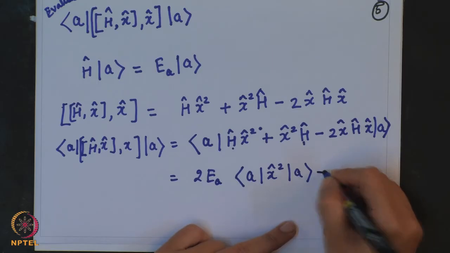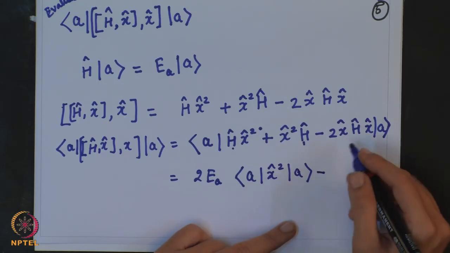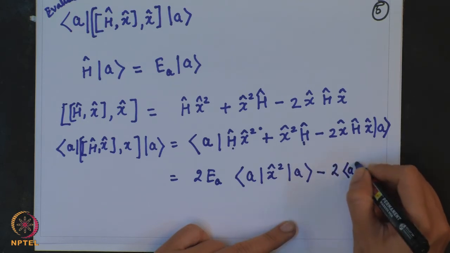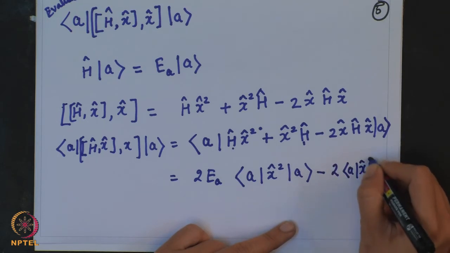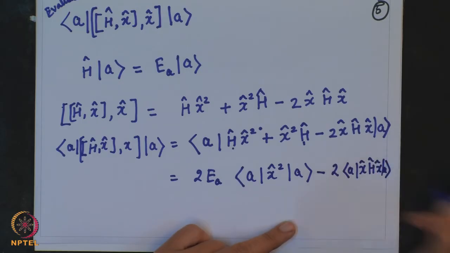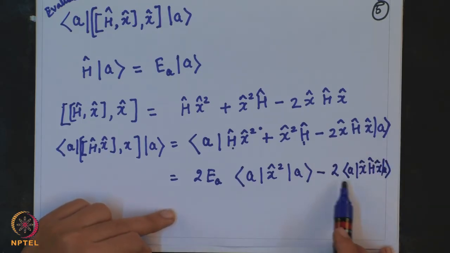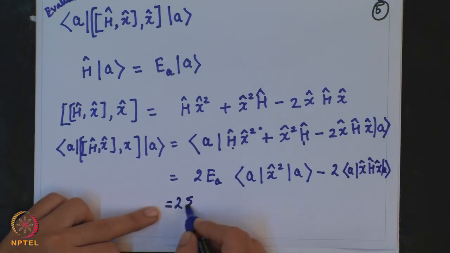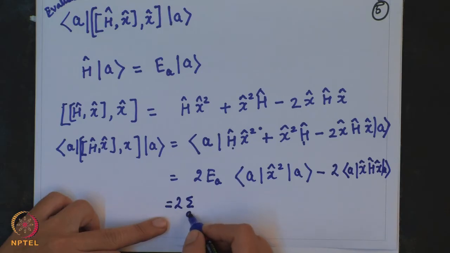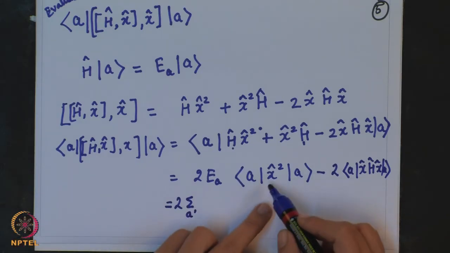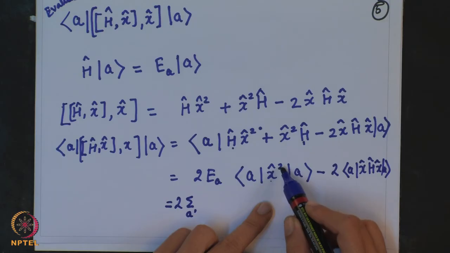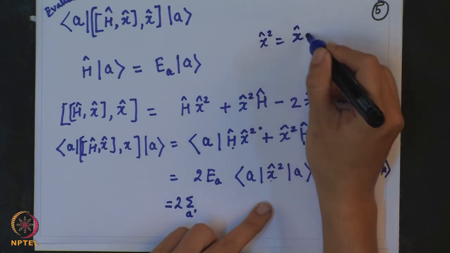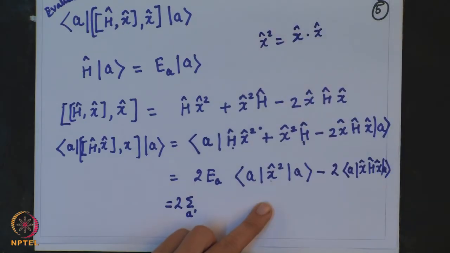Let me take the second term. The second term has 2 A x h x A. So, this quantity we have to evaluate. Now, what we do is, this x operator square can be written as x times x.